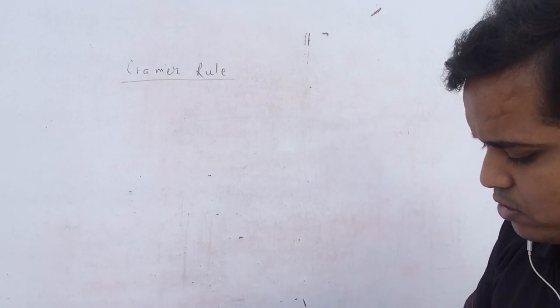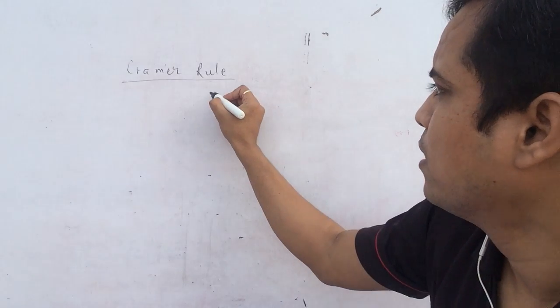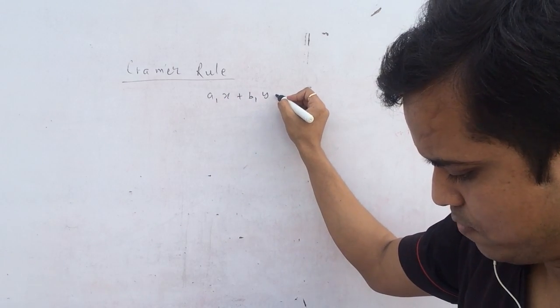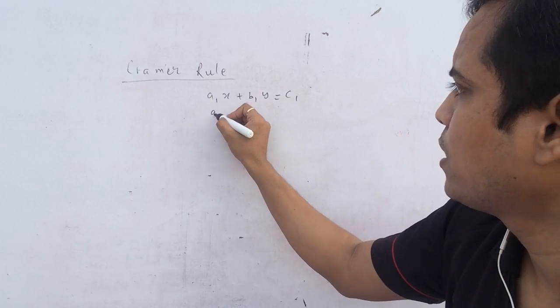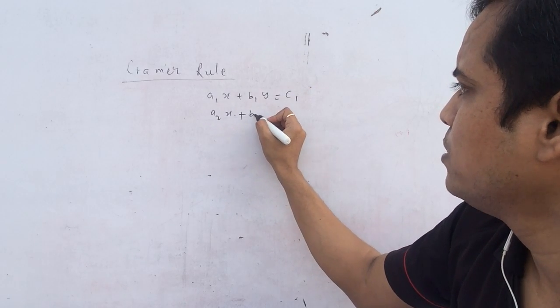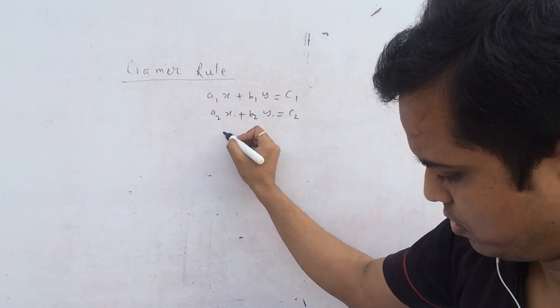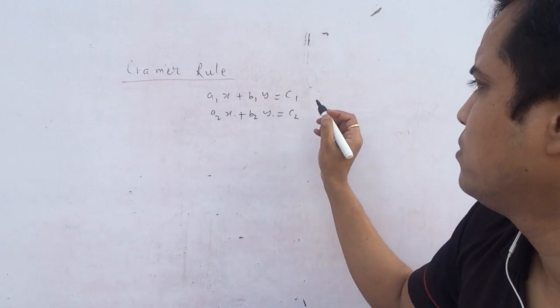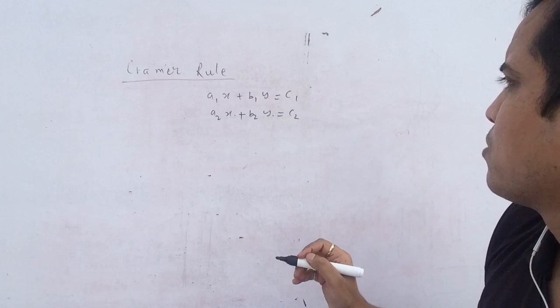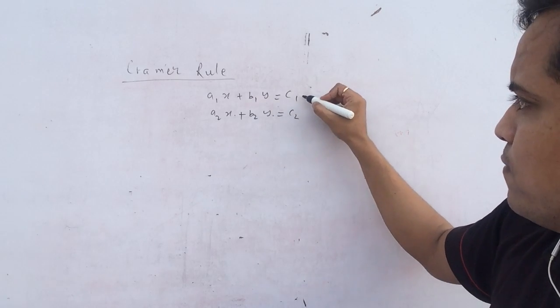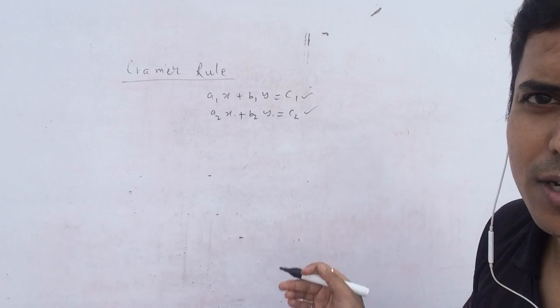So suppose we have a system of linear equations, a1x plus b1y equal to c1, a2x plus b2y equal to c2. Here you see that this is non-homogeneous, because you have the constants which are not equal to 0.